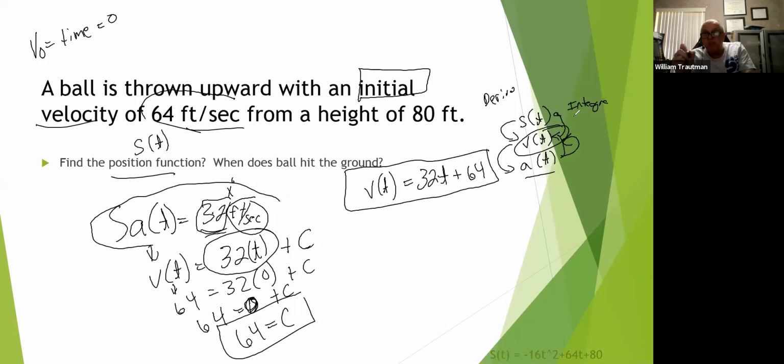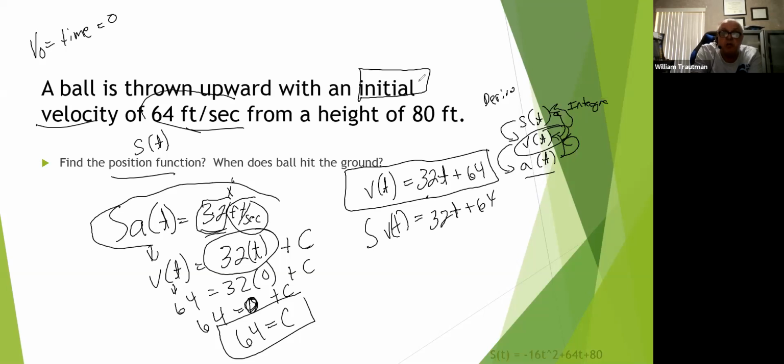Now I have to go up to the distance function by integrating one more time. When you go up, you have to integrate. I'm going to integrate my velocity function. I'm going to rewrite it just so I don't mess up that answer up there.